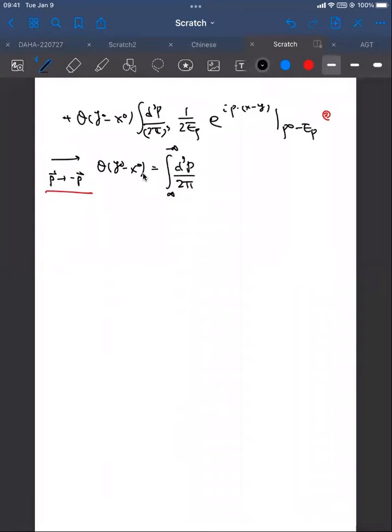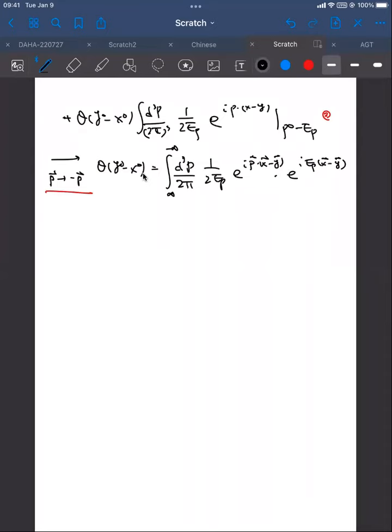Then 1 over 2 E_p, e to the i p vector dot (x vector minus y vector), times e to the i E_p (x0 minus y0). Sorry, I missed the y vector here.